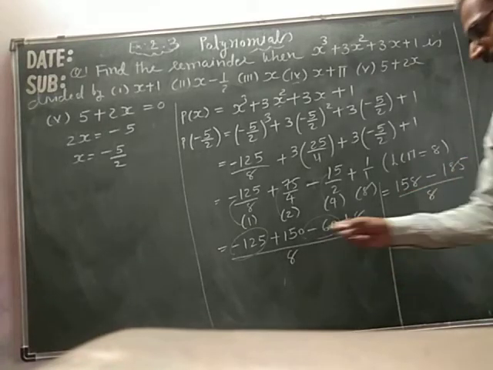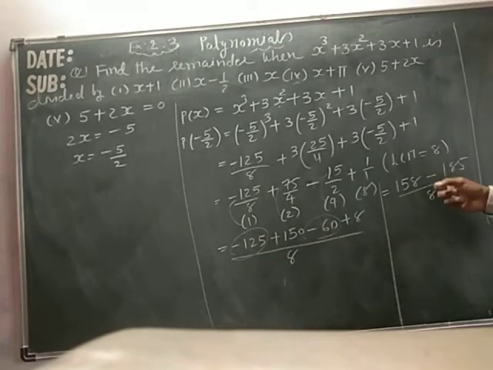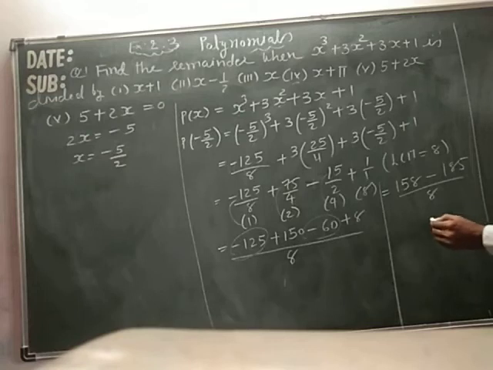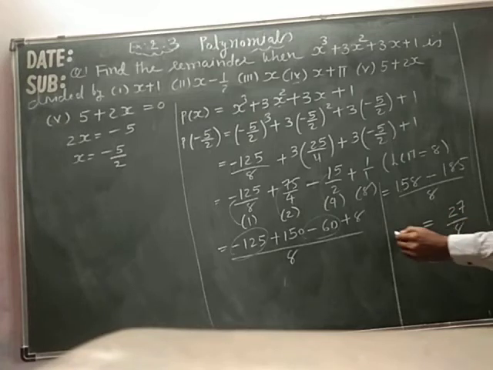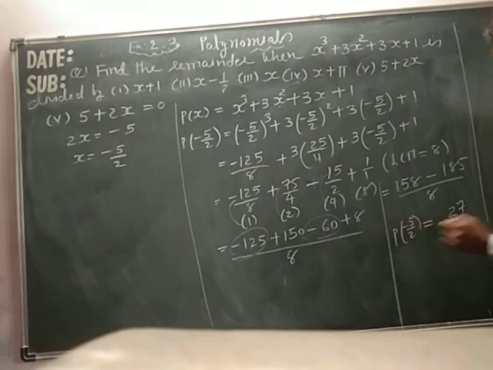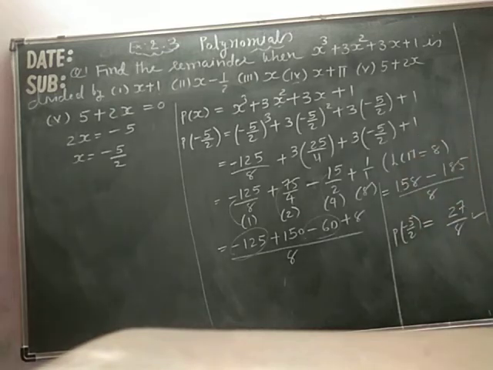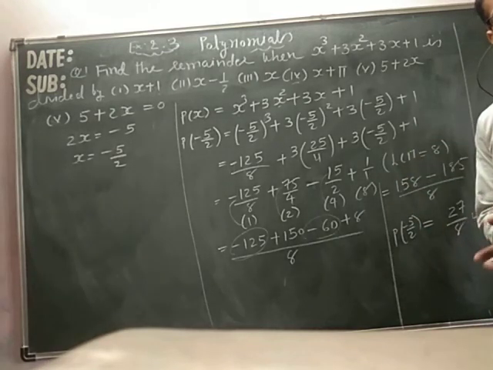See, when you add positive numbers, the answer will be positive. When you add negative numbers, the answer will be negative. So now plus and minus gives minus. Let us subtract 158 from 185. 27 by 8. So p of minus 5 by 2 will be 27 by 8, which is your remainder. Okay. So let us end this lecture over here. Bye and have a healthy day.